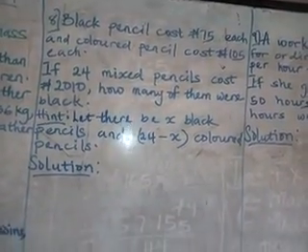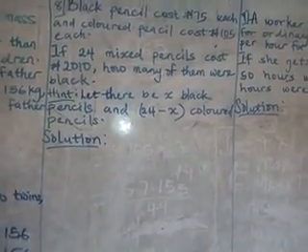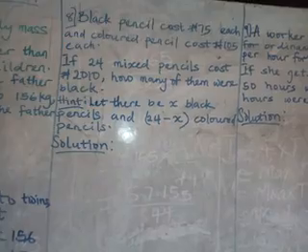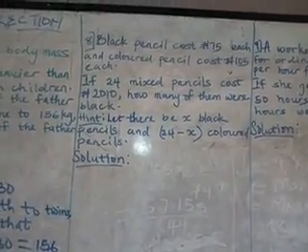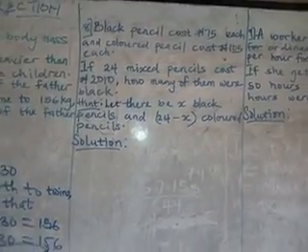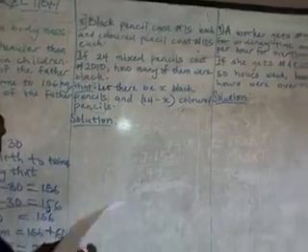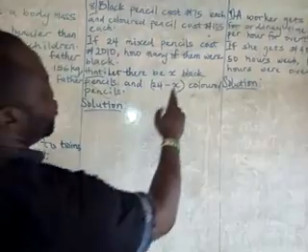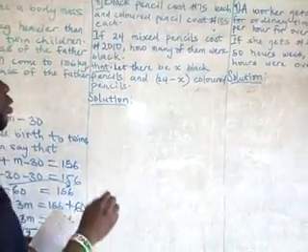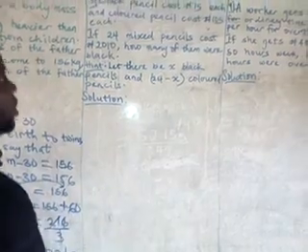You have been given a hint. Let there be X black pencils and 24 minus X colored pencils. If you look at this very well, you have been told what your black pencil will be, but you were not told what your colored pencil will be.